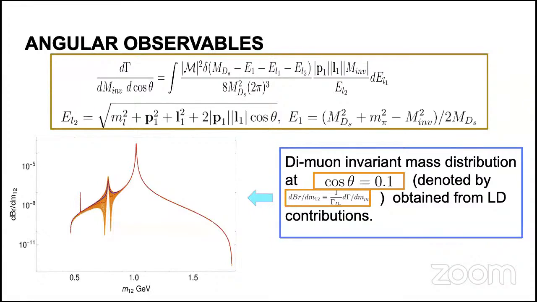So we looked for an observable that is insensitive to the phase. We first consider angular observables. These kinematics have to be in this way. Again in this plot we have the dimuon invariant mass distribution, but in the kinematics with the angle at cos theta equals 0.1.